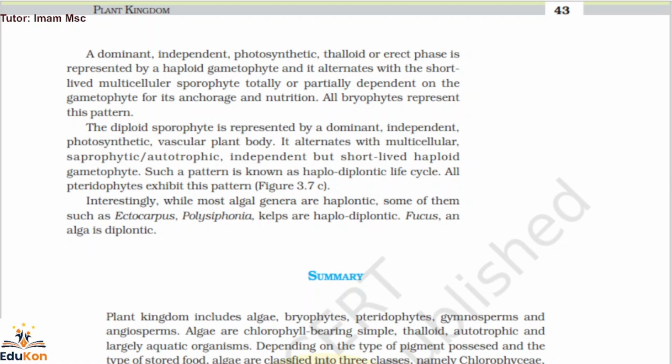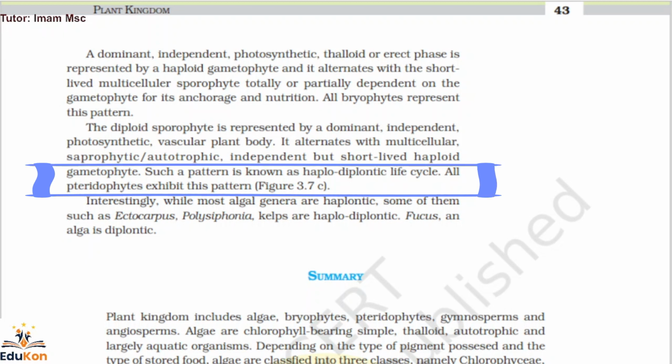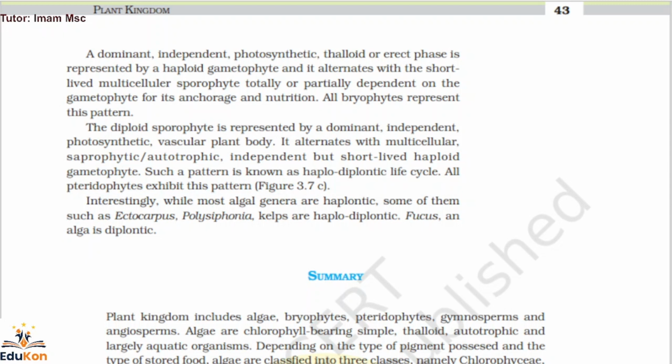It alternates, that is, we talk about alternation of generations between diploid and haploid phases. Such a pattern is known as the haplodiplontic life cycle. So here both phases compete with each other. All pteridophytes exhibit this pattern, that is the haplodiplontic life cycle.